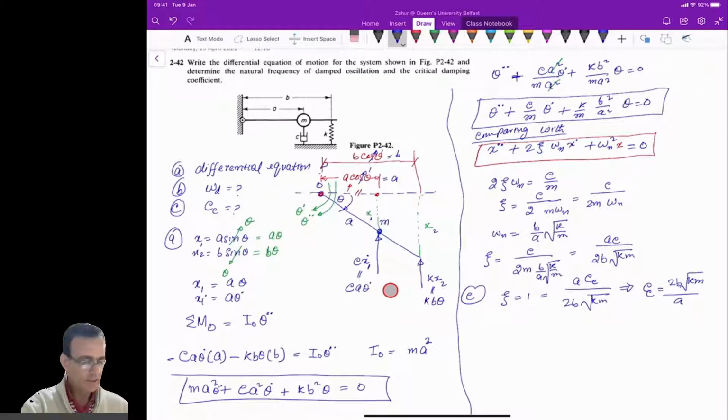Finally, we need to calculate omega d, and we know that omega d is equal to omega n times the square root of 1 minus zeta square.